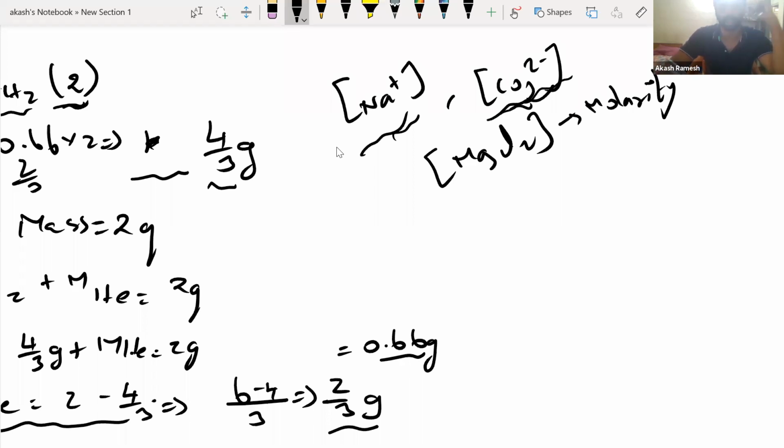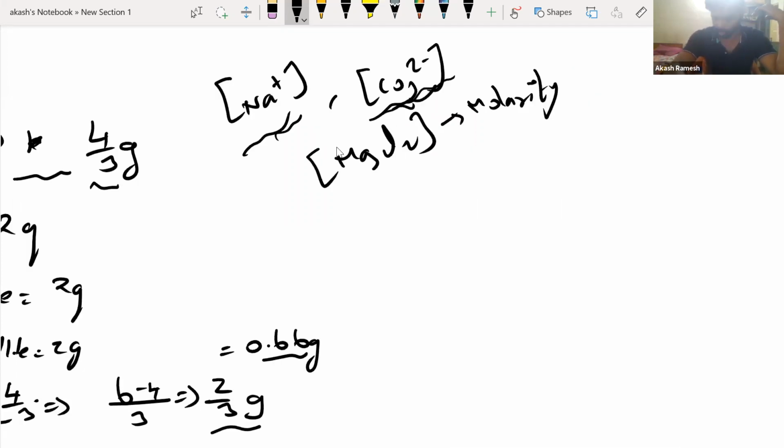Now guys, please understand, this kind of question is very common. If you're panicking a little, I completely understand, because we never solved questions like this. Now look at this. It's very similar to the number of moles concept.